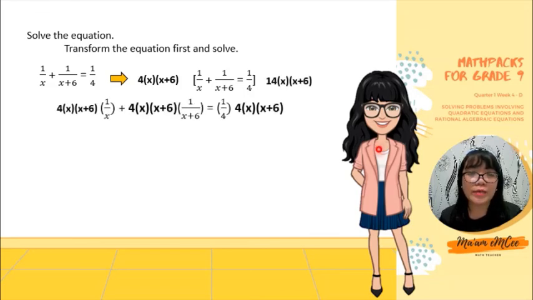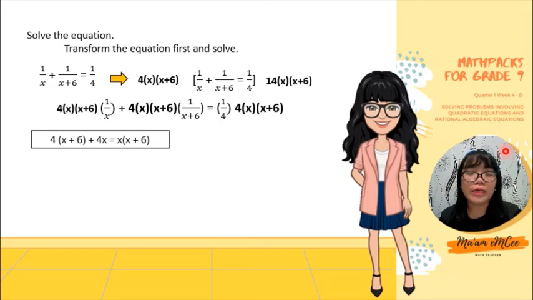Then we simplify. So again, we multiply our LCD to both terms, 1 over x and 1 over x plus 6. So 4 times x times x plus 6 times 1 over x plus 4 times x times x plus 6 times 1 over x plus 6 will be equal to 1/4 times 4 times x times x plus 6. Then we simplify.